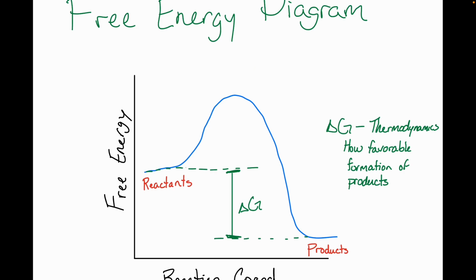So the height of this barrier here corresponds to what we call the activation energy in our reaction. We use this symbol, delta G, double dagger. Sometimes you just see it as EA for activation energy as well, okay? So this is our activation energy.